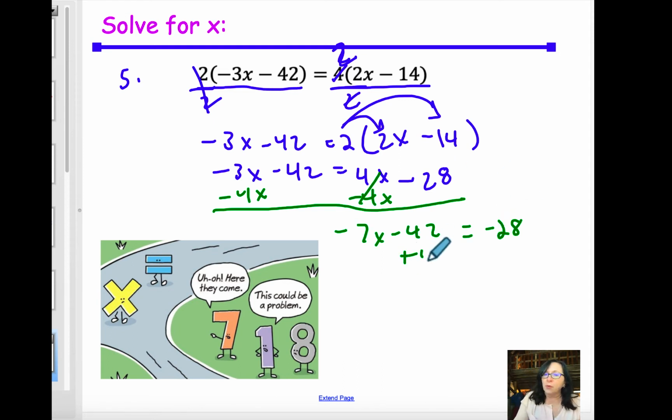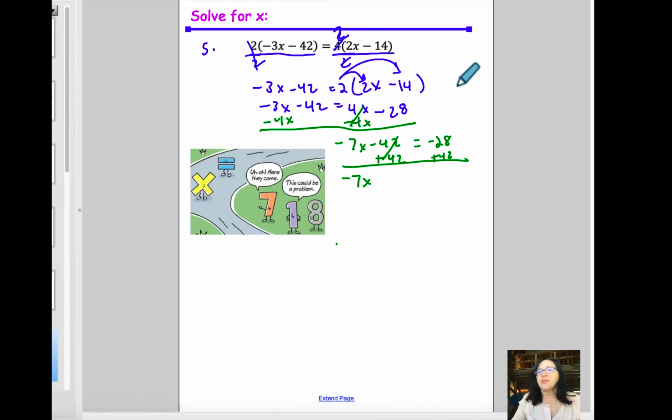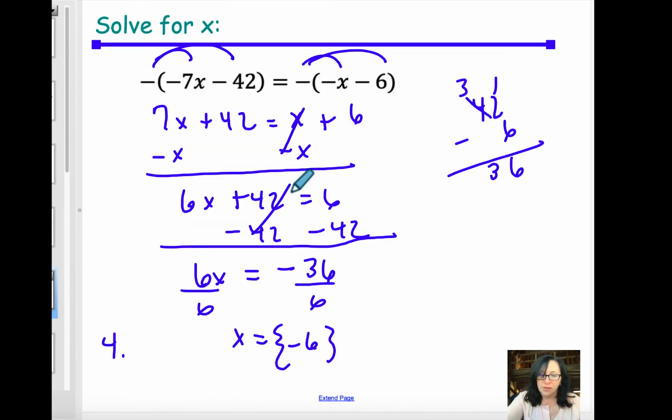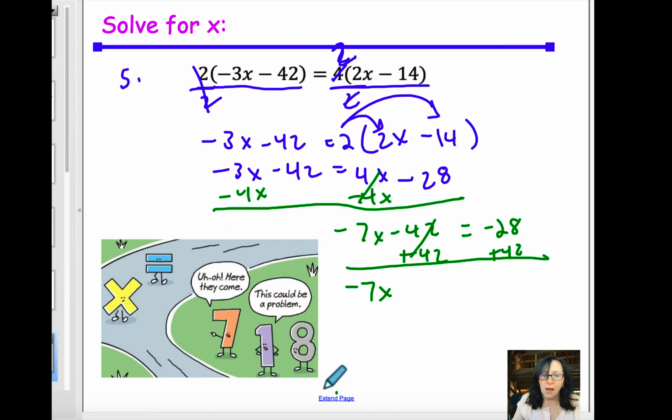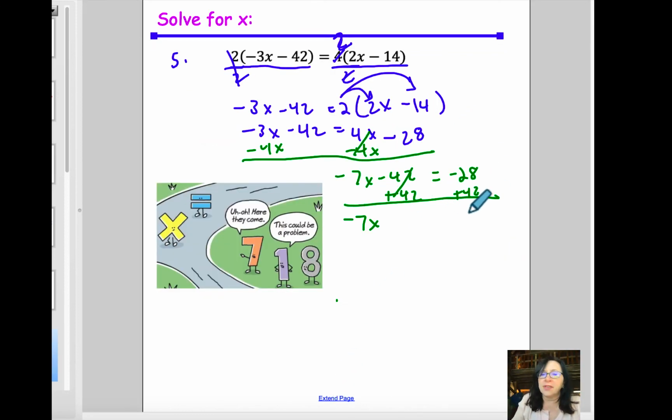I'm going to add 42 to both sides. And then these are going to cancel here. I'm going to get negative 7x is equal to, and in this problem right here, again, it's positive minus a negative. So I'm just going to go 42 minus 28.